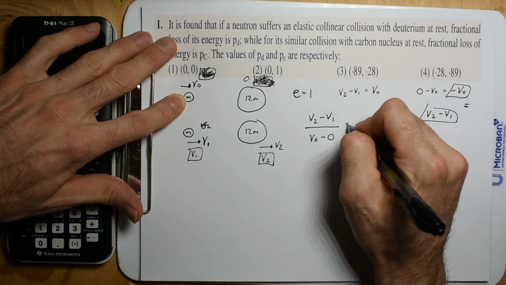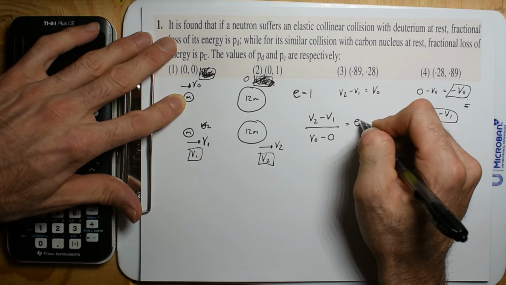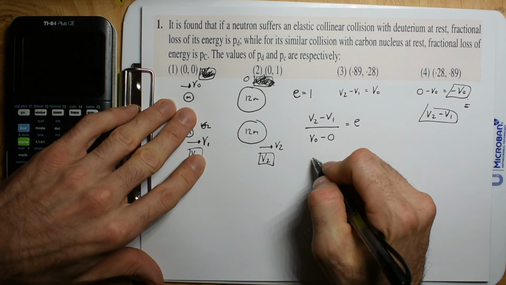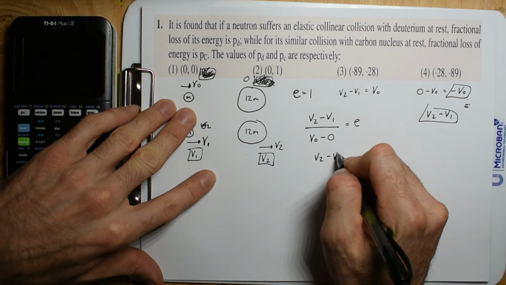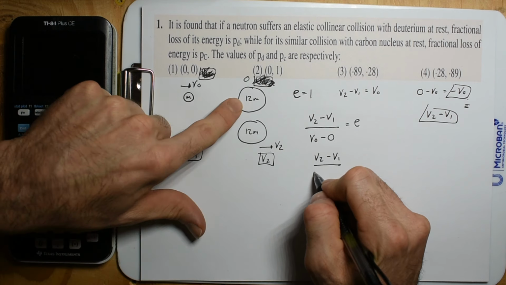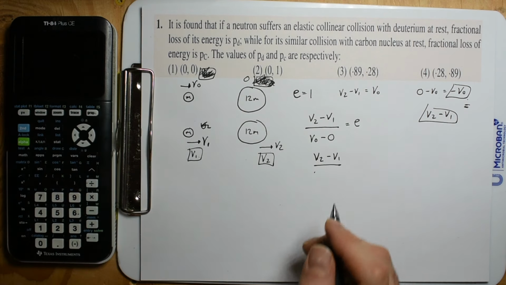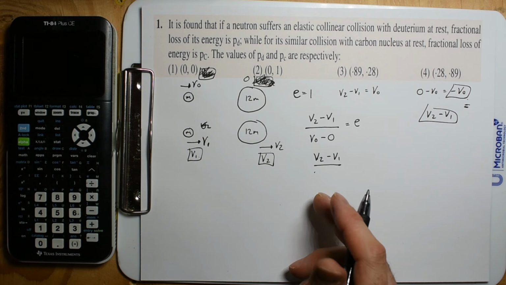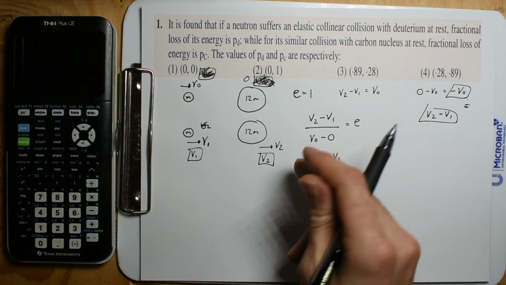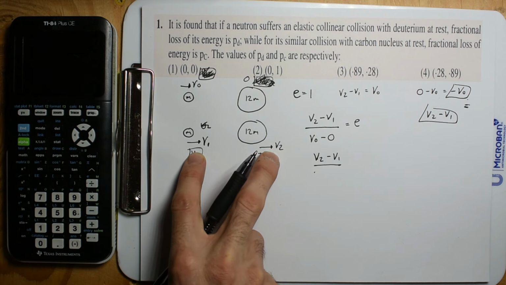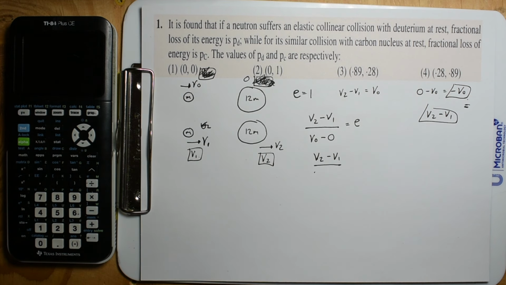So this is the equation that gets you E. If you did the opposite way, you would have v2 minus v1 divided by... it's the ratio. It's the ratio of the velocities leaving compared to the velocities. Now is that right?